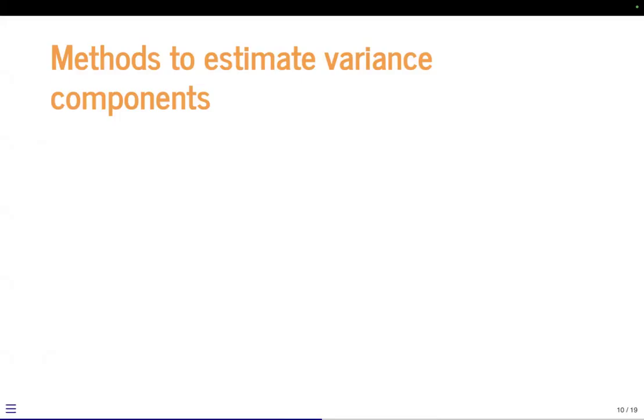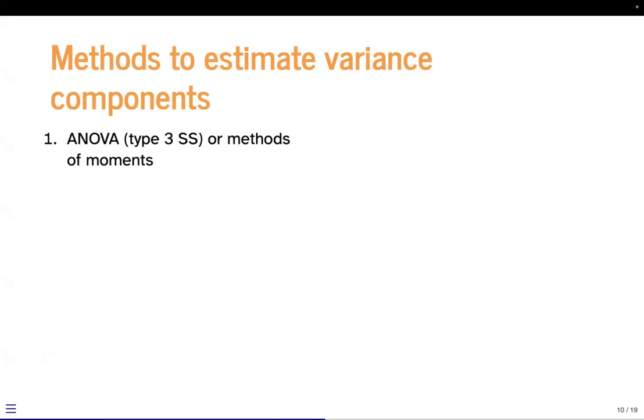All right, before finishing here, one part of this conversation is methods to estimate variance components. This is something that is more complicated than I'm going to tell you here. I just want you to be aware of some of them and what we're going to be using. There is the ANOVA type 3 sum of squares, or method of moments.